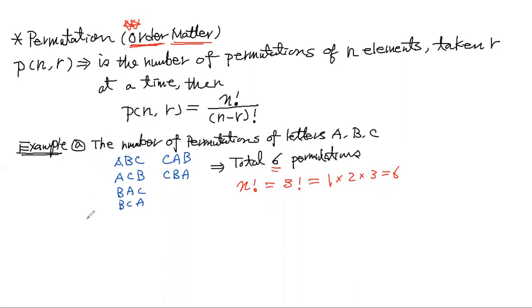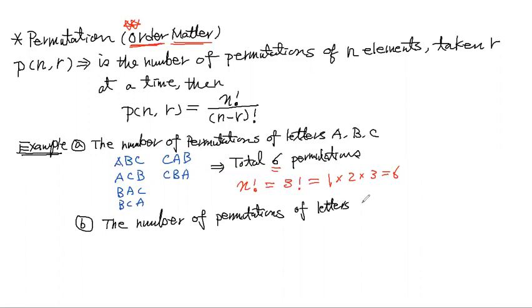So now let's take a look, how do I use the formulas here if I take out certain letters. So here is the number of permutations of letters if you just pick 2 letters.